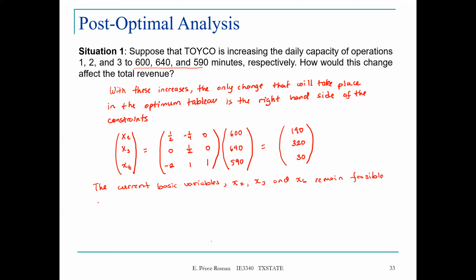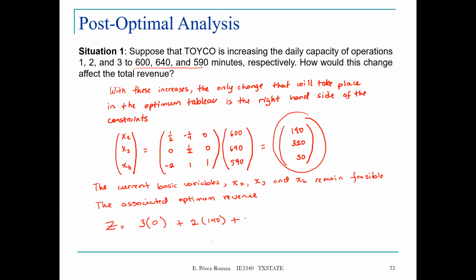Okay, so the associated optimum revenue, you're going to use these values. So I have x2 and x3. I'm going to substitute, since x1 is 0, into the objective function z. So it's 3 times 0 plus 2 times x2, 140, plus 5 times x3, which is 320.